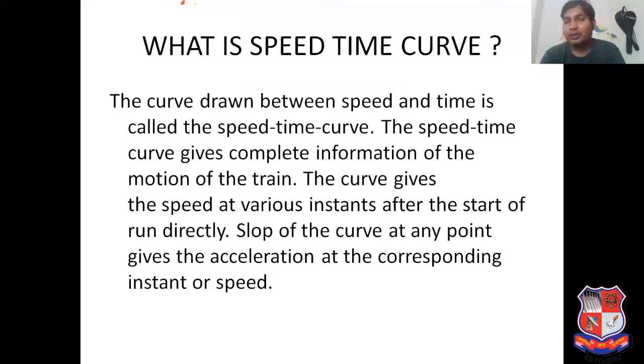Actually, speed time curve is a curve which represents speed versus time. But important thing is that here speed is generally in kilometer per hour and time will be in second. That is because generally speed is measured in kilometer per hour for train speed, vehicle speed.